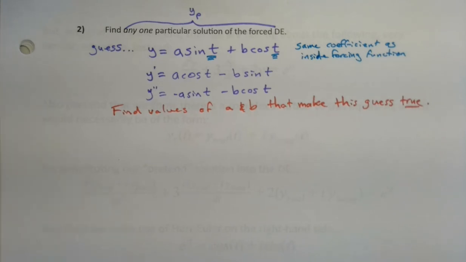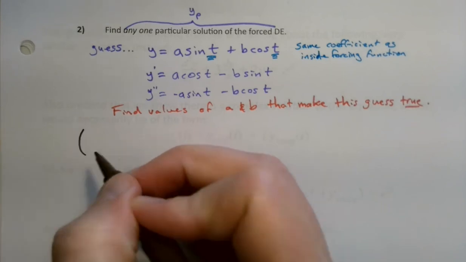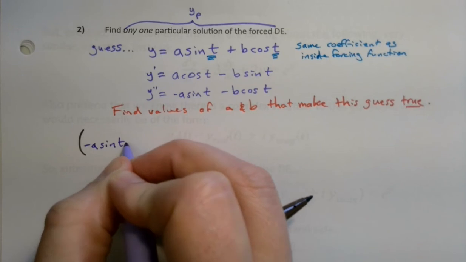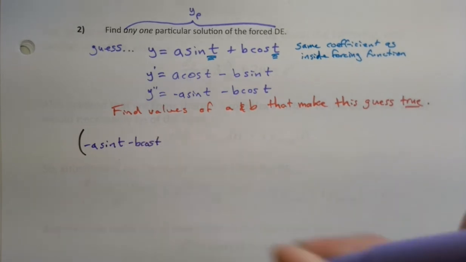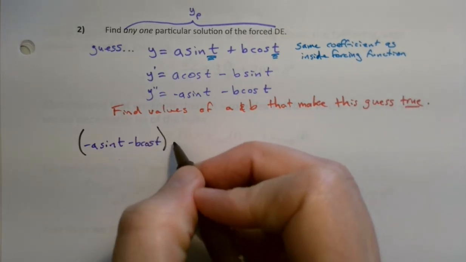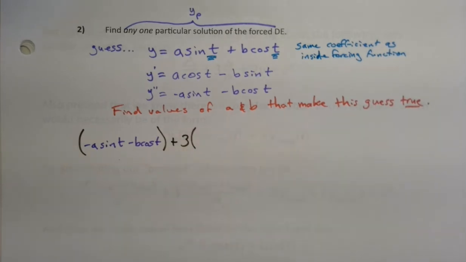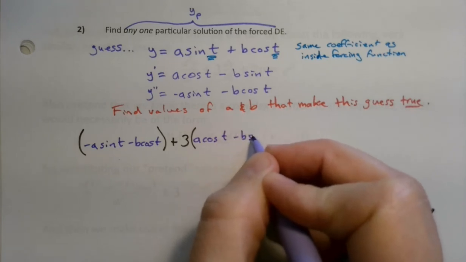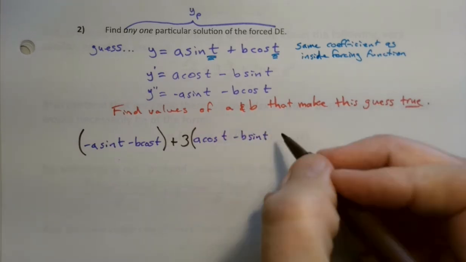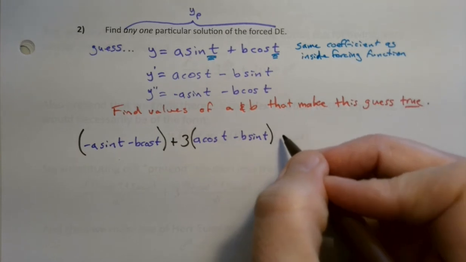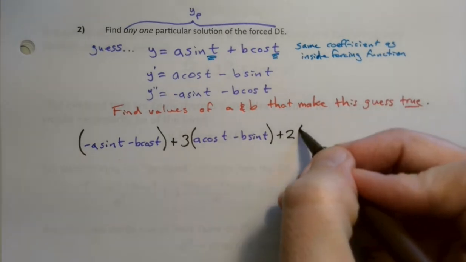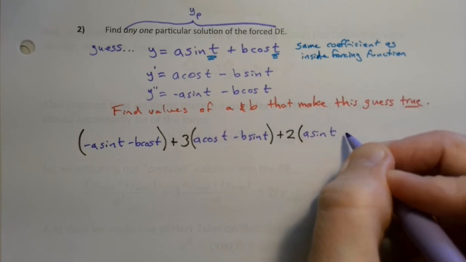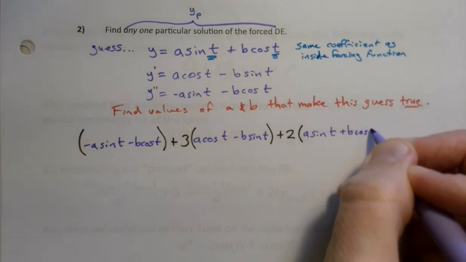So I should be able to substitute these values into the equation. The equation from the previous page was: take the second derivative, which is negative a sine t minus b cosine t, plus 3 times the first derivative, which is a cosine t minus b sine t, and then plus 2 times the function itself, a sine t plus b cosine t.